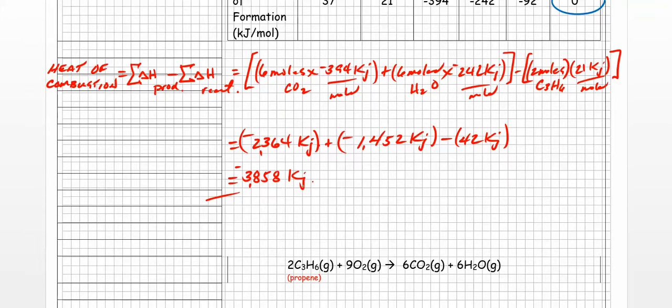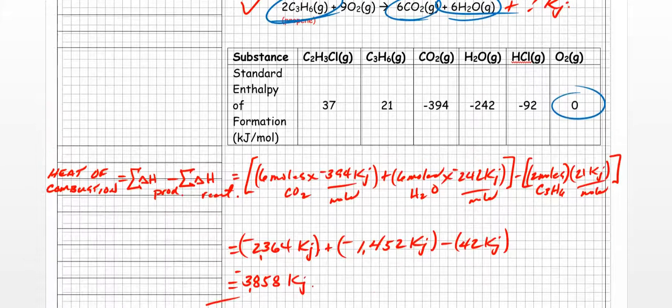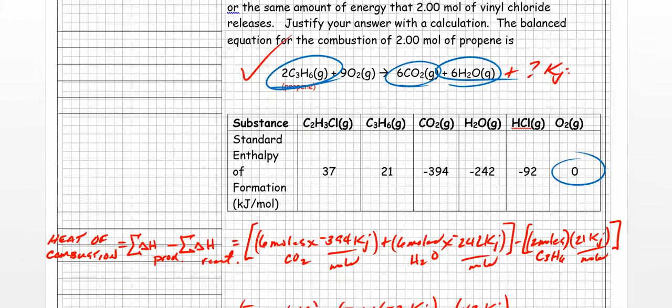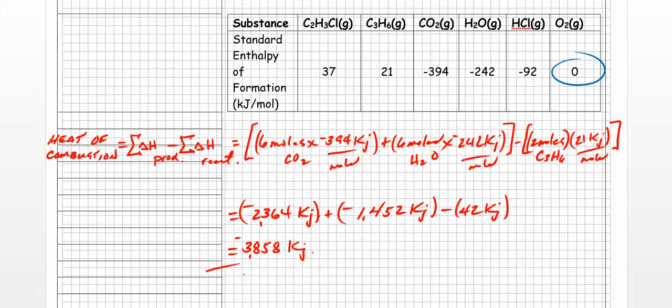So, in other words, according to my calculation, this number right here is now known. I've used heat of formation data to calculate that 3,858 kilojoules is liberated.